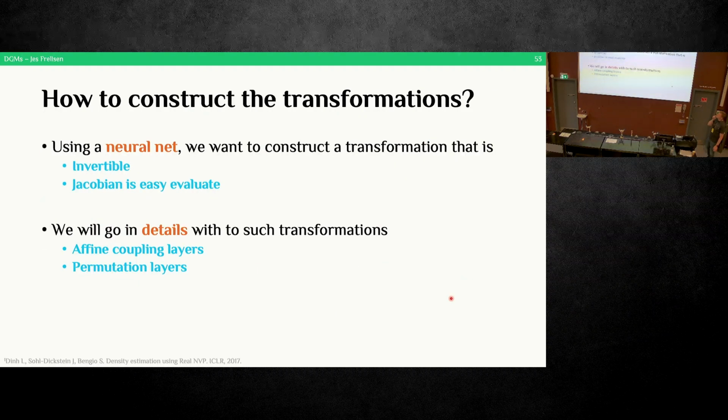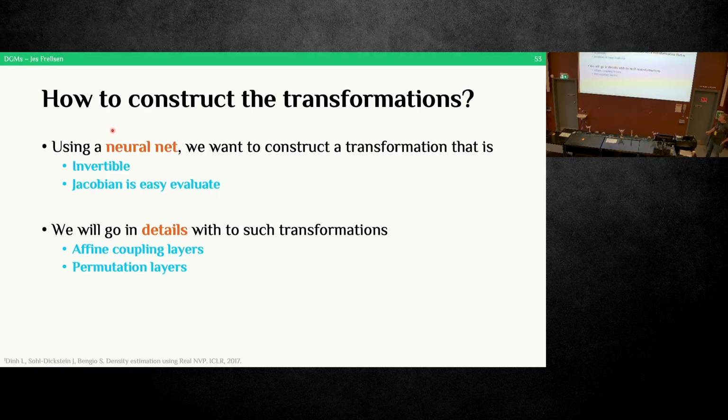The question is, how do we then construct these transformations? Now we know that if I can construct transformations that fulfill these properties, then I can stack them together and get a complicated transformation. So we want these transformations to still be somewhat powerful, and we also want them to be nonlinear in some sense.